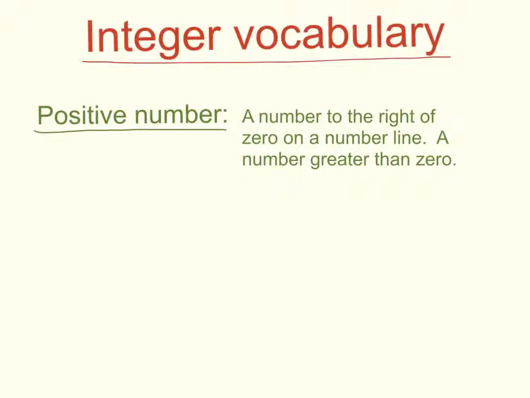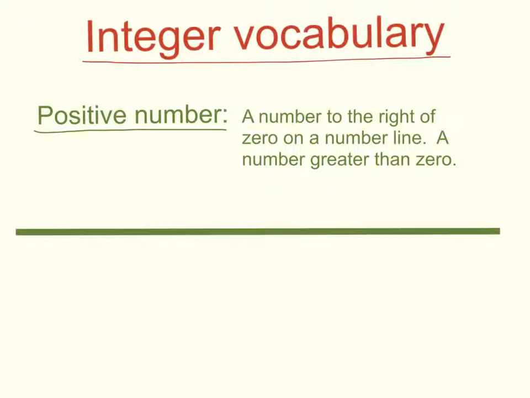So what we're going to do is draw a number line. Underneath your description of positive number, we're going to draw a number line. And what I want to see is a straight line. We're going to put 0 in, and a positive number is any number greater than 0 or to the right of 0.